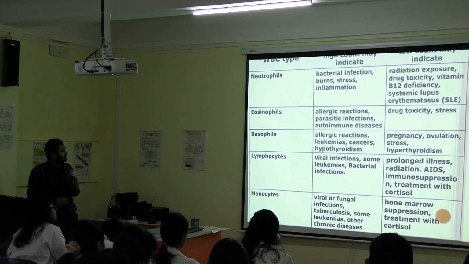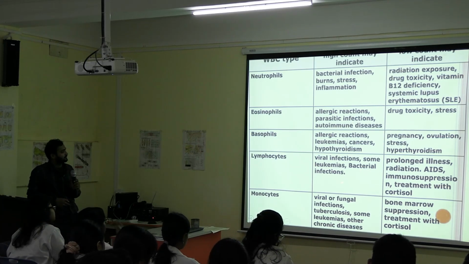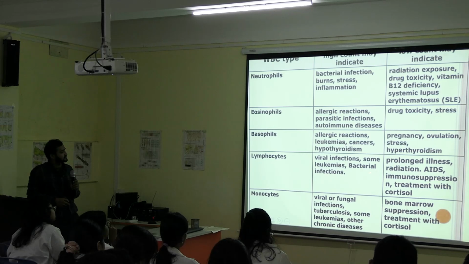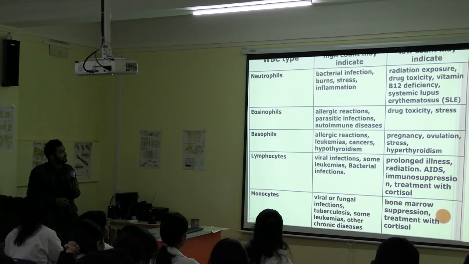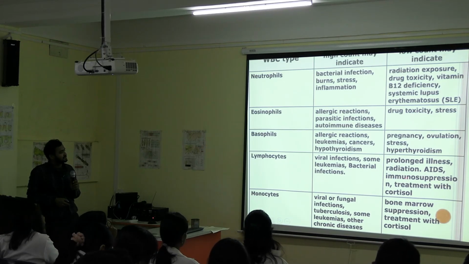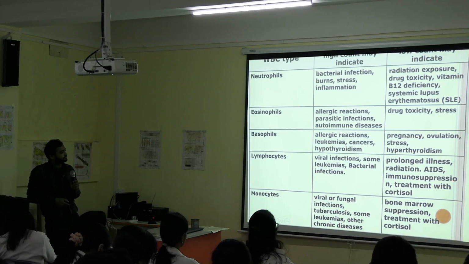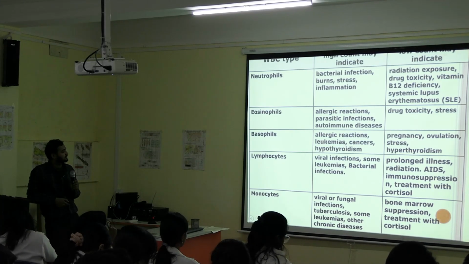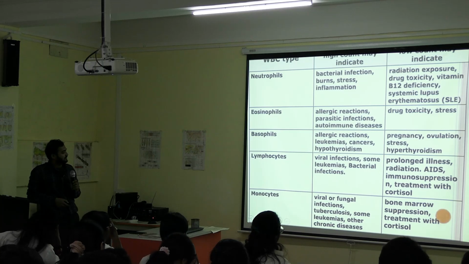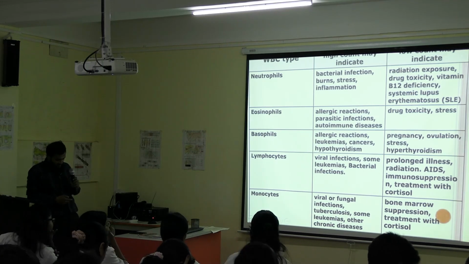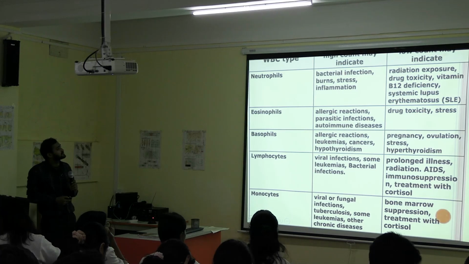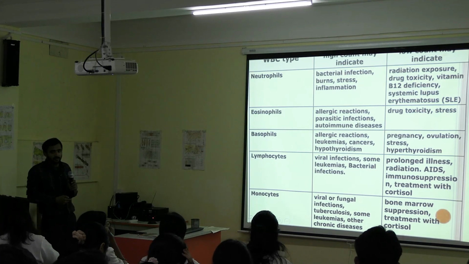In lymphocytes: viral conditions, leukemias, bacterial infections, prolonged illness or AIDS, immunosuppression, treatment with cortisol, steroids. And for monocytes: viral, fungal, and in bone marrow it decreases. This is the high, and this is the low.